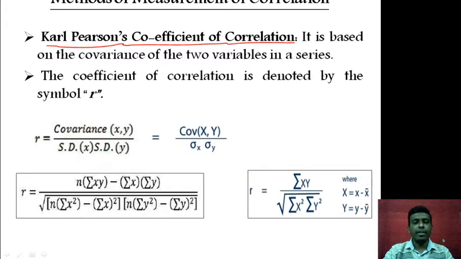For instance, the weight of a student, height of the students, age of the students, or maybe marks obtained by students. All this data which we are collecting is quantified. So it is quantitative in nature, and here we get the actual values. Such kind of data, when presented, is better handled with Karl Pearson's coefficient of correlation.